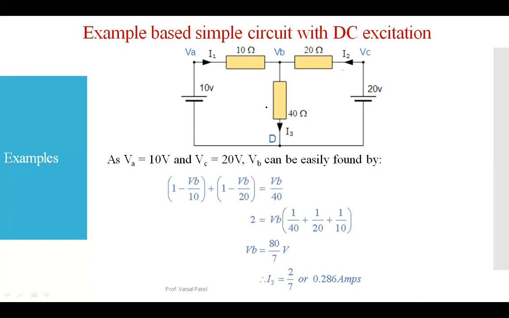So VB is equal to 80 by 7 volt, and from that the current I3 can be obtained by using Ohm's law, because I3 is equal to what? VB by 40. So when you put these values into the I3 equation, you will get the value of current I3, that is 2 by 7 or 0.286 ampere.